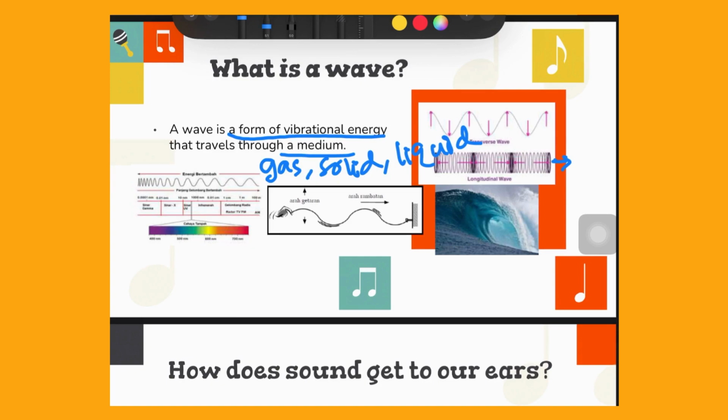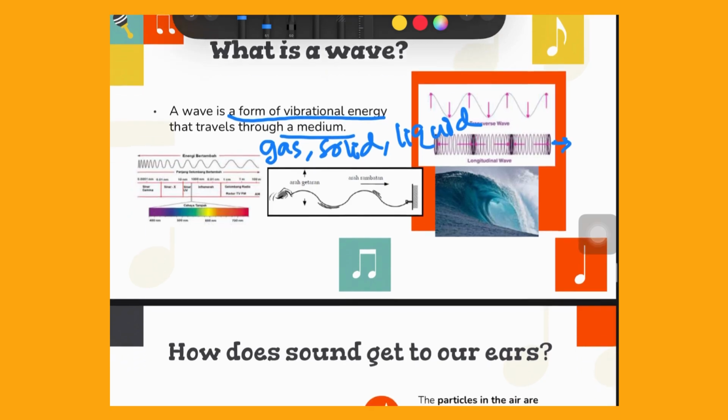For example, the wave that travels through the gas is the sound wave. The sound wave can travel through the gas, and the solid is the earthquake. And then the liquid is this one. The ocean wave is the example of the wave that travels through the liquid.